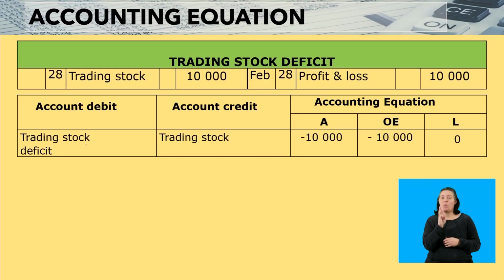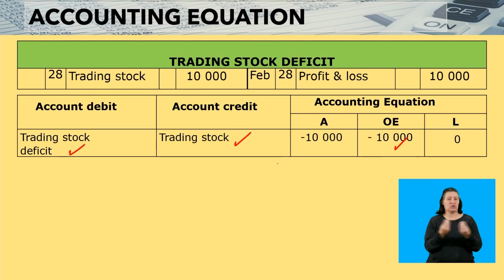We will now look at the accounting equation. In the accounting equation, we will debit our trading stock deficit because it is an expense. Once you debit an expense, we come to our owner's equity and say minus 10,000, because expenses decrease our owner's equity.